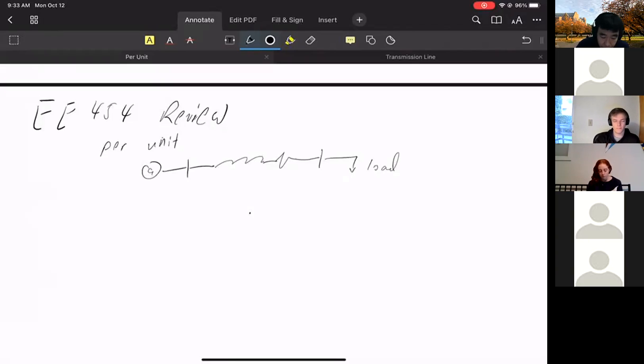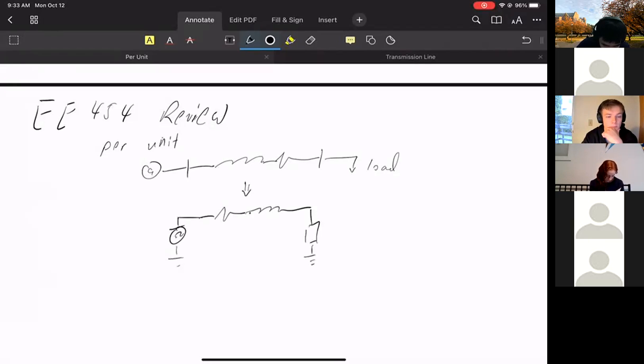Per unit is a way to abstract away the transformers in the system. By choosing the correct per unit system, we don't need to write the transformers anymore. We can pretend this becomes a simple circuit of a voltage connected to some resistance, inductance, and an impedance as a load.